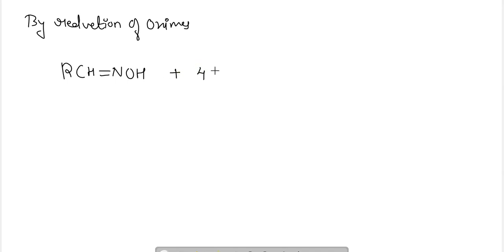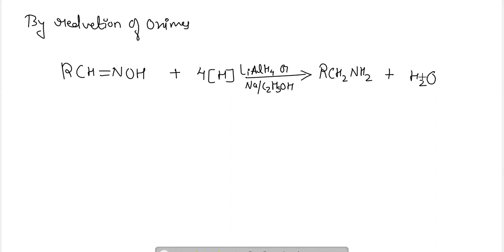So on reducing the oximes in the presence of strong reducing agents such as lithium aluminium hydride or sodium in ethanol, we will obtain primary amines. Okay, primary amines can be obtained here.